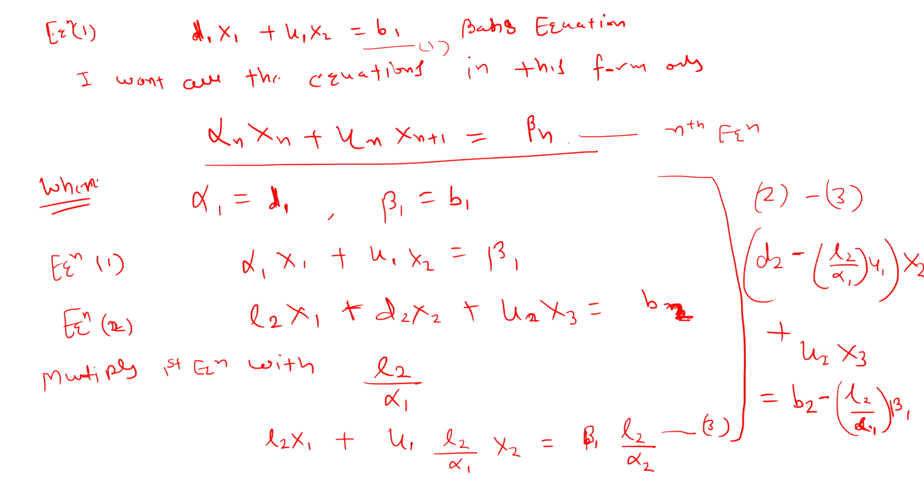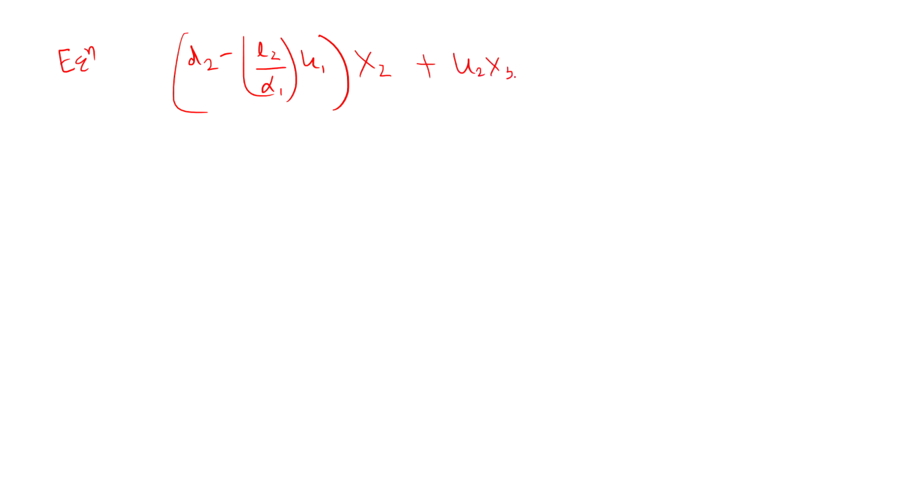I will write this down again very clearly. So equation 2 essentially came out as d2 minus L2 upon alpha 1 times u1, times x2, plus u2 x3 is equal to b2 minus L2 upon alpha 1 times beta 1.